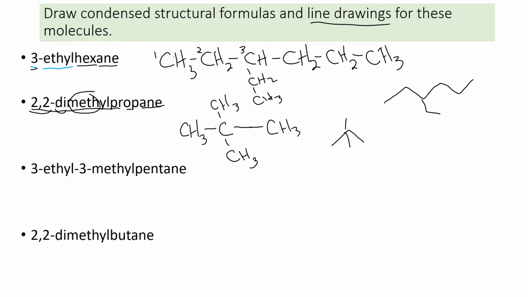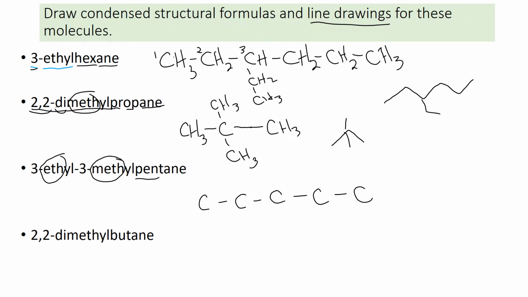So 3-ethyl, 3-methyl pentane. Again, start with the root, pent. No, 5 carbons, sorry. Prop is 3. So there's our 5 carbons. Then we go to the branches. We have a meth branch, which is 1 carbon, and an eth branch, that's 2.